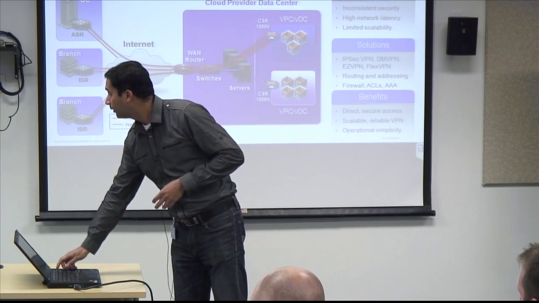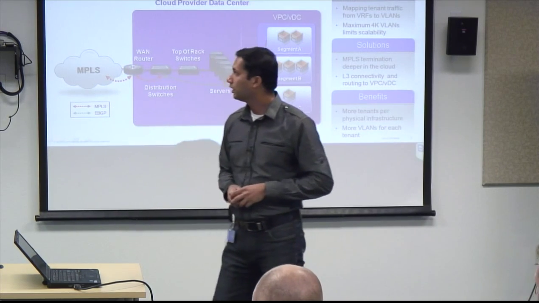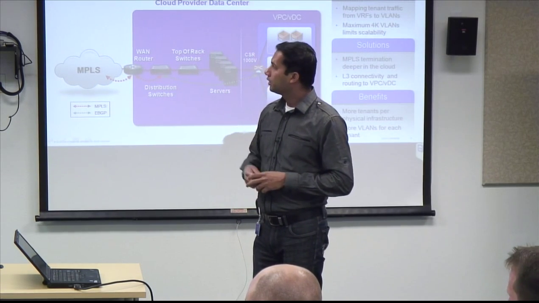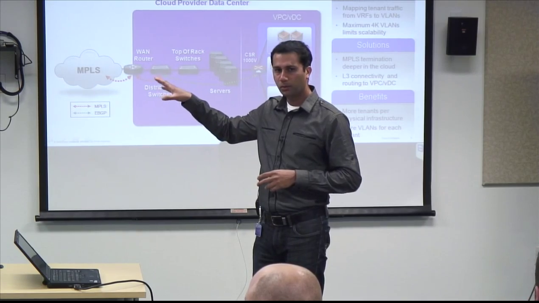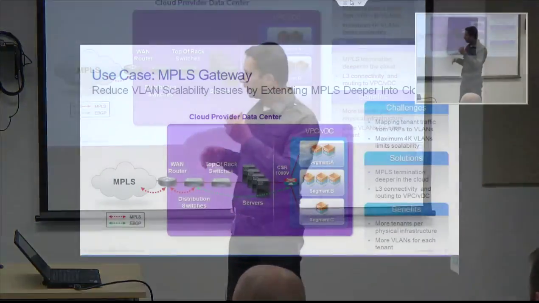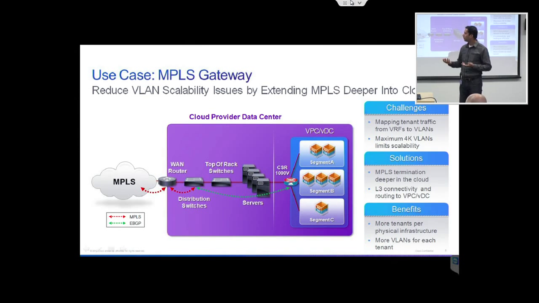So moving on to the next use case for the CSR. This one is actually a big one and probably one of our primary use cases. This is MPLS gateway. So what does this mean? If you look at a cloud provider's data center today, you have an ASR9K right at the top, right? It's the edge. It's terminating everything. From there on, you have a complete L2, right? So as you go across the access, distribution switches and everything, it's L2. Now, because of this, and because of the fact that VLAN is a 12-bit ID, you're limited to 4096 VLANs, right?